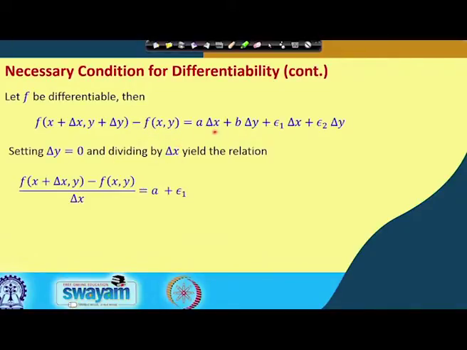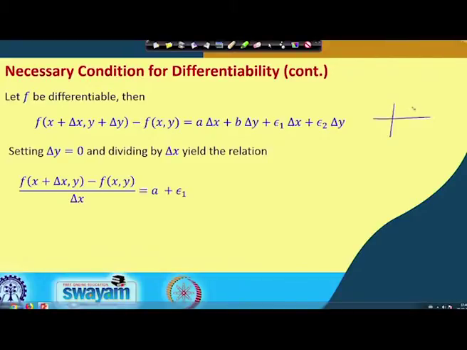That will be equal to a, which will remain, and then delta y is set to 0, so this term is 0, and then epsilon 1 because we are dividing by delta x, and this term will go to 0 because we have set delta y to 0. Because again we are in the neighborhood of this point x, y.